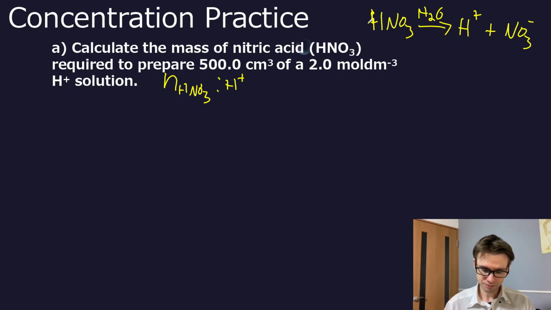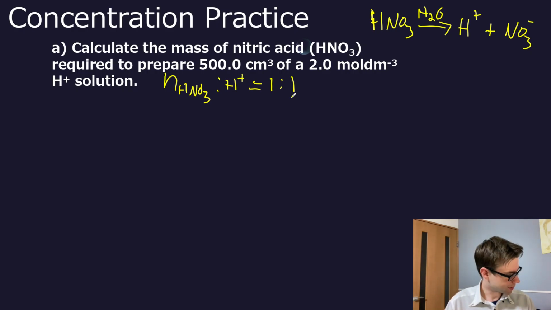So the ratio here must be 1 to 1, and that's very handy. That means we just have to find the mass of HNO3 that would be required. And then the mass of HNO3 to make this concentration will also make the same concentration of H+. We can say that for sure.